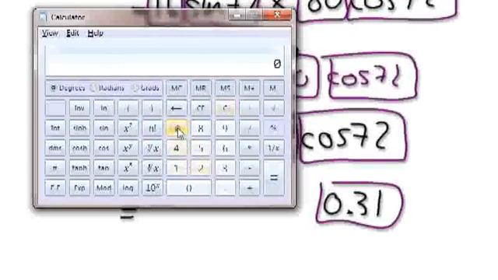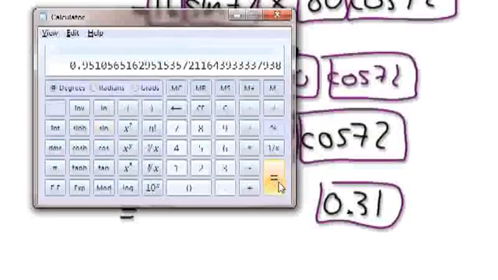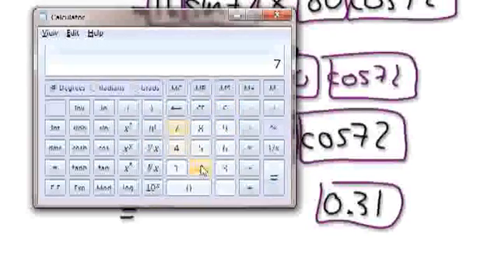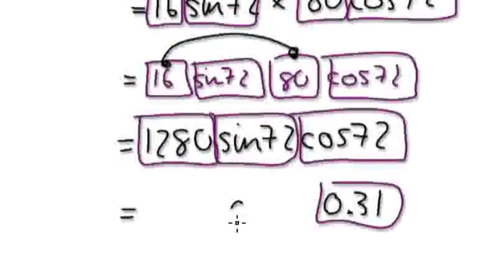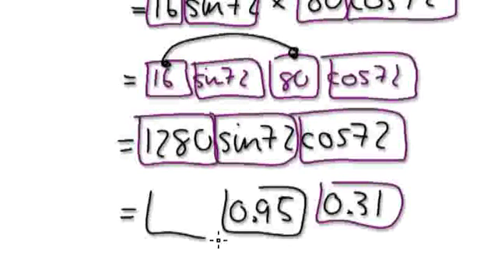Clear this. Sine 72. Where is it? Sine equals this. Hang on, let me double check. Sine is this, 0.95, and then all these three numbers multiplying together.